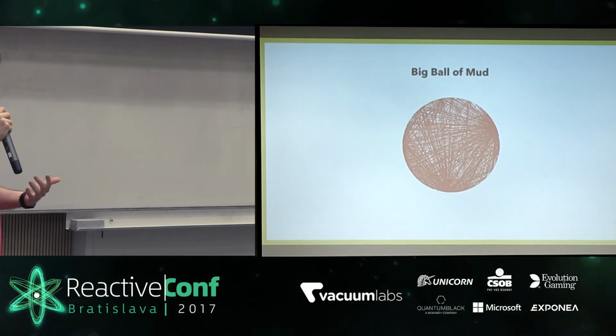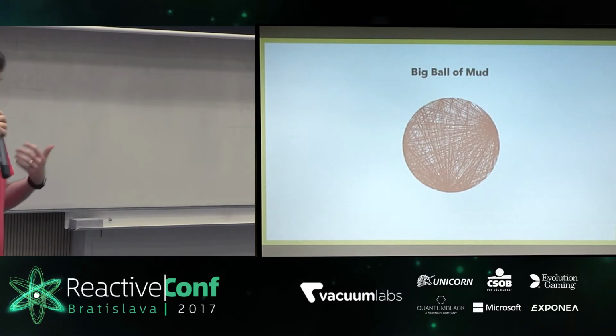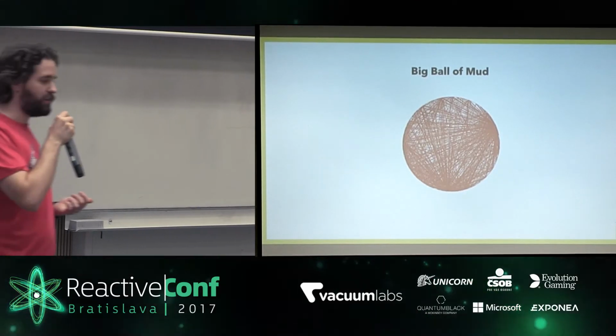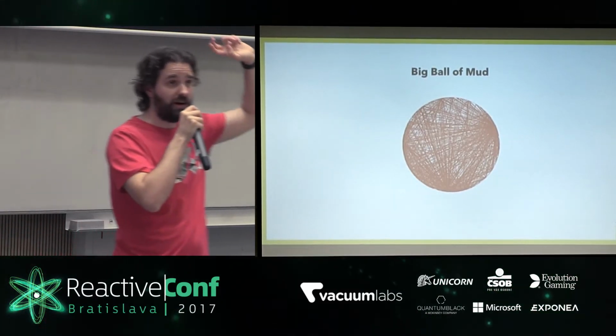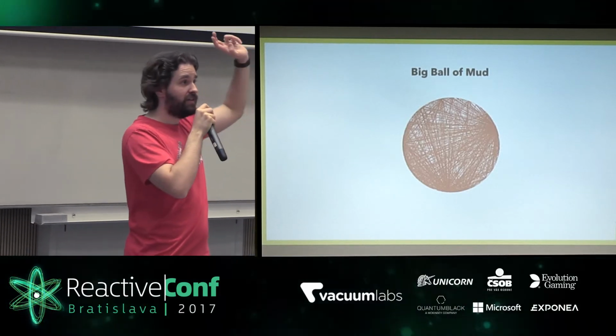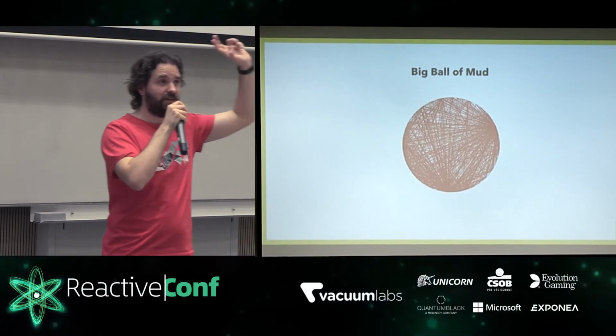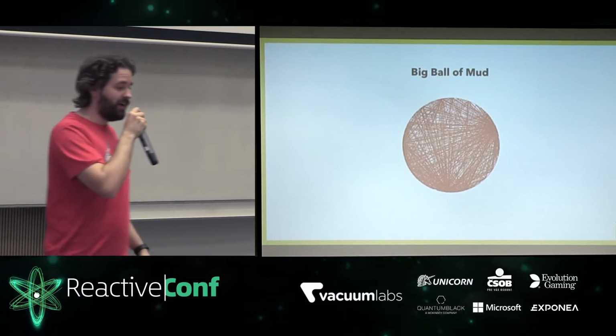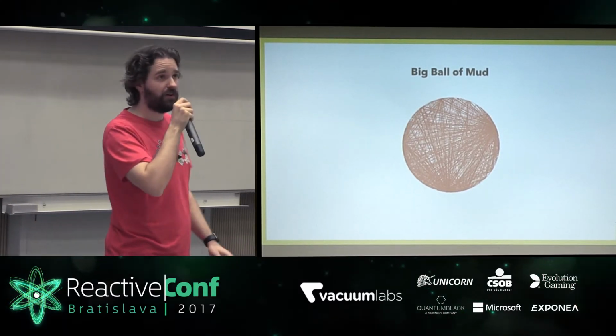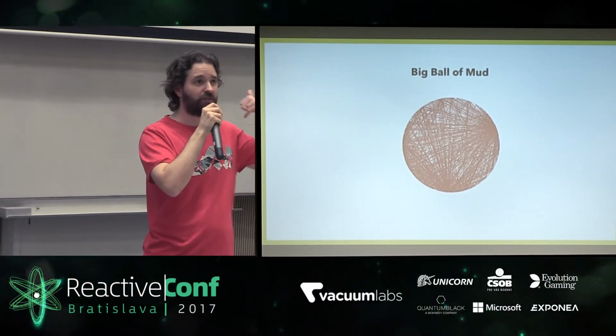One of the common architectures that you can see around is the big ball of mud. Have you heard about that term? Yeah, some of you, perfect, great. And do you maintain some application that was built this way?